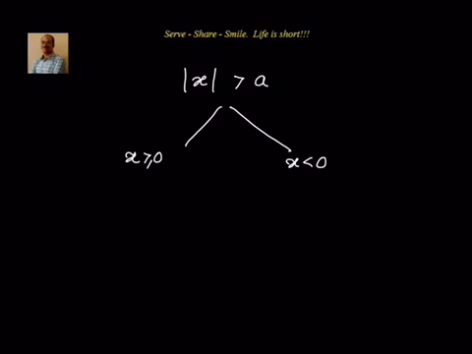In this case, modulus of x will be x only, so I will have x greater than a. In the second case, modulus of x is equal to minus x, so I will have minus x greater than a. Now can I say this is nothing but, by multiplying with minus, x less than minus a?